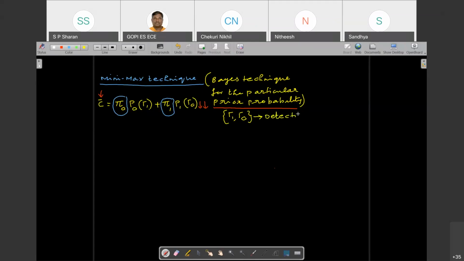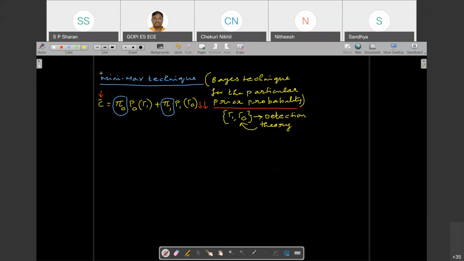So detection theory involves finding out this gamma naught and gamma 1. So that is what we discussed. Now where is the issue here?